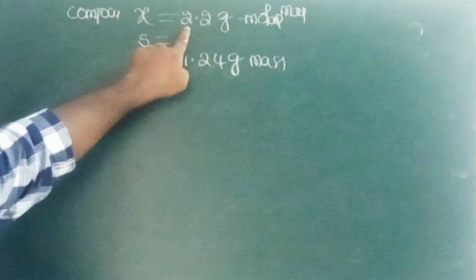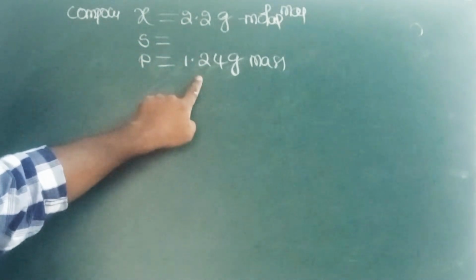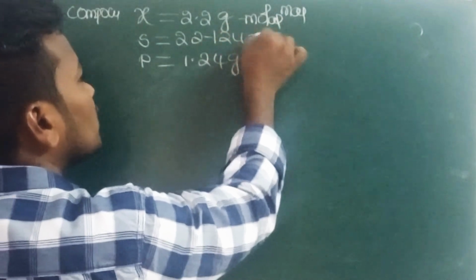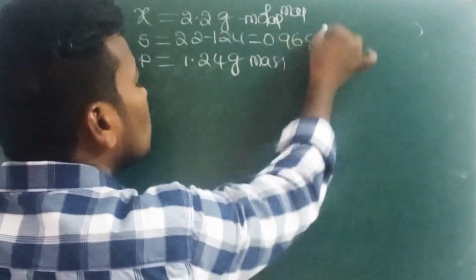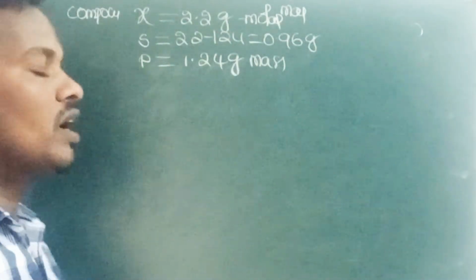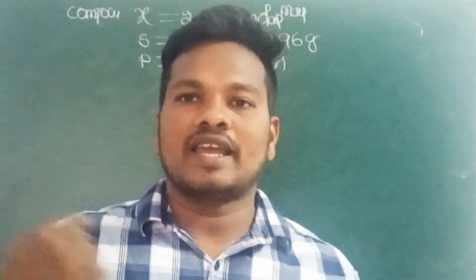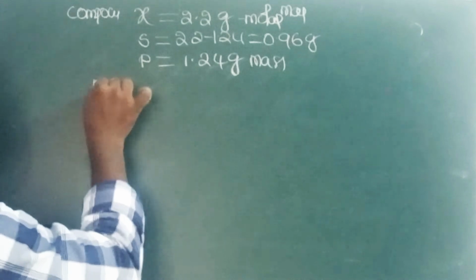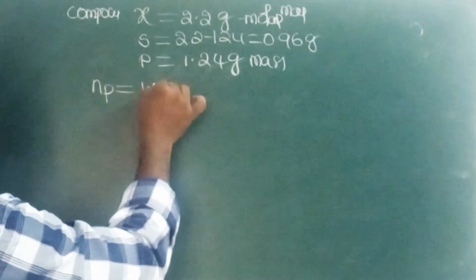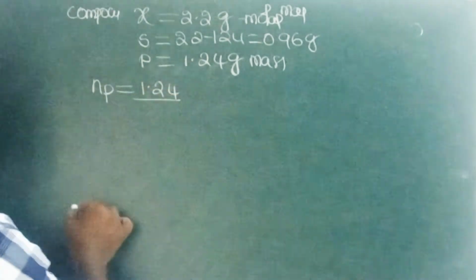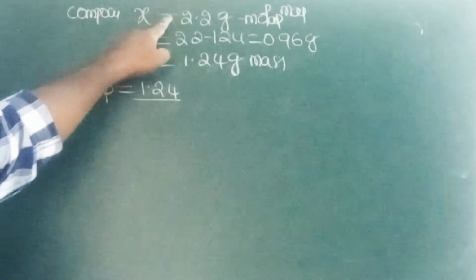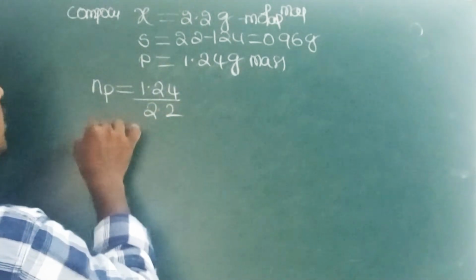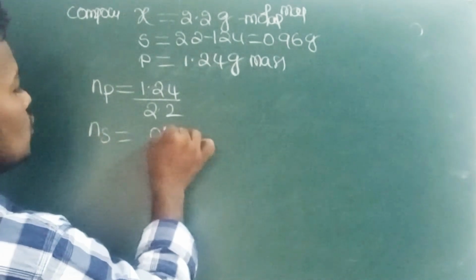If you subtract 2.2 minus 1.24, you will get 0.96 gram. Now we have the mass of sulfur and the mass of phosphorus. Again the whole story: we have to calculate the number of moles. So for phosphorus, given mass 1.24 by the molar mass. Next, sulfur: 0.96.